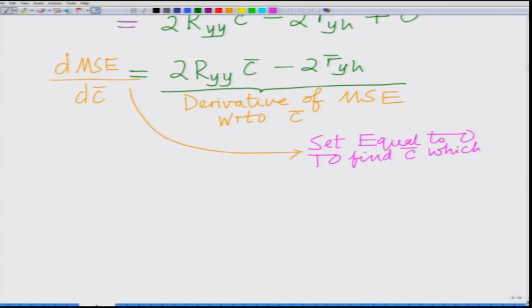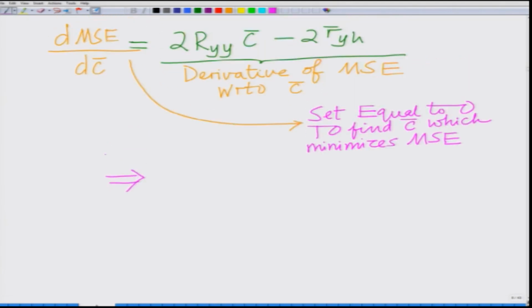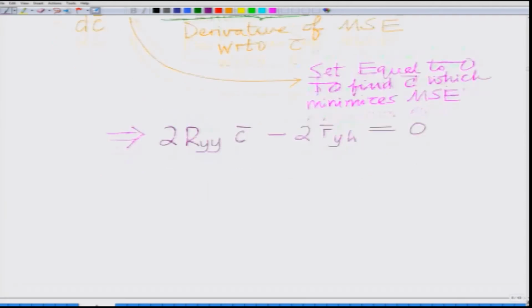This basically implies that the derivative, 2 R y y c bar minus 2 R bar y h, is equal to 0.